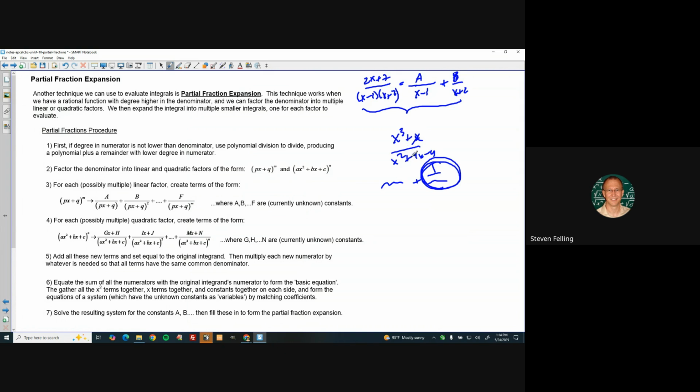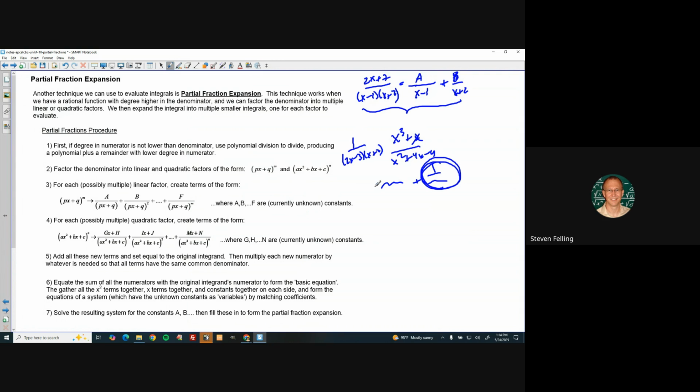What you need to do is factor the denominator into factors, and those factors can be of the form constant x plus a constant to any power, or a quadratic. For every linear factor, for example, x minus 2, 2x plus 3, or maybe you have 2x minus 3 times x plus 2, you're going to put a separate factor for each one with a constant on the top.